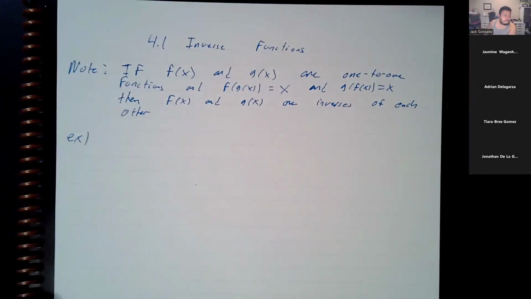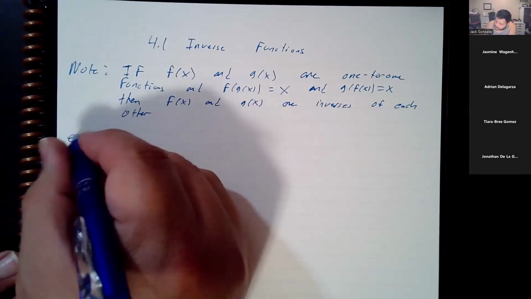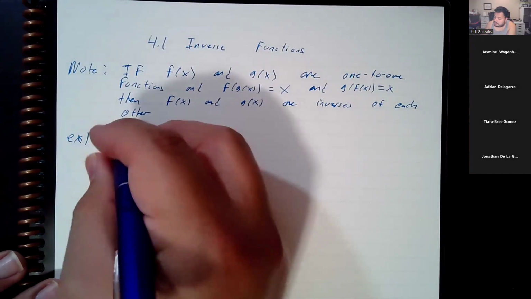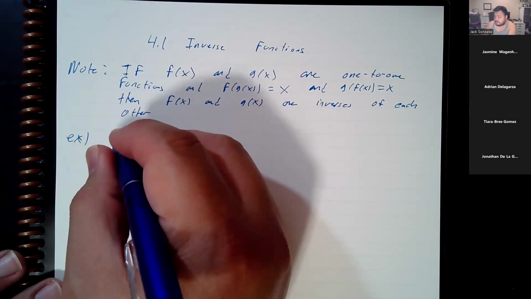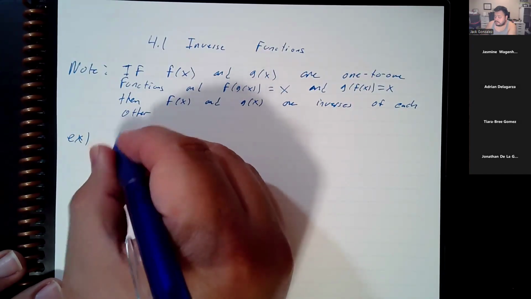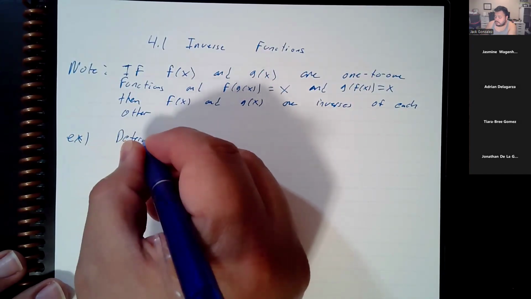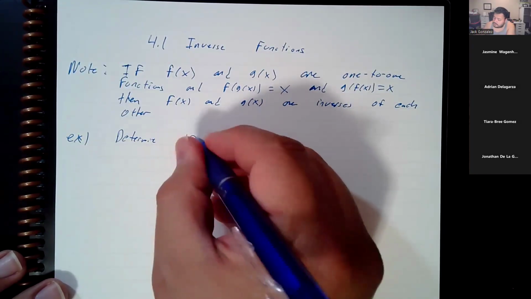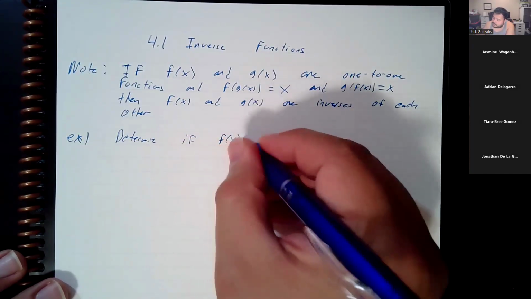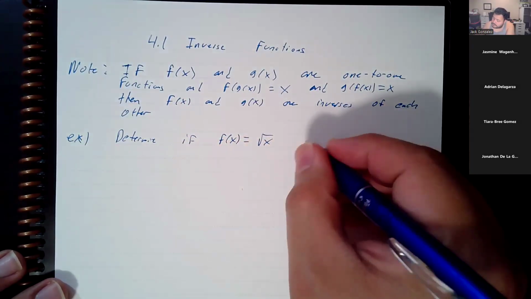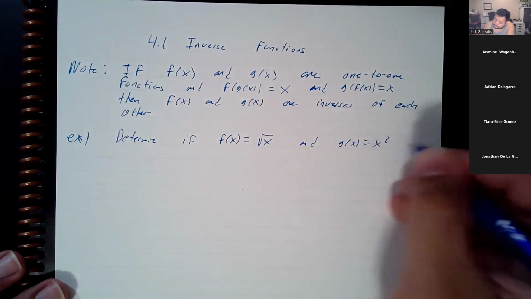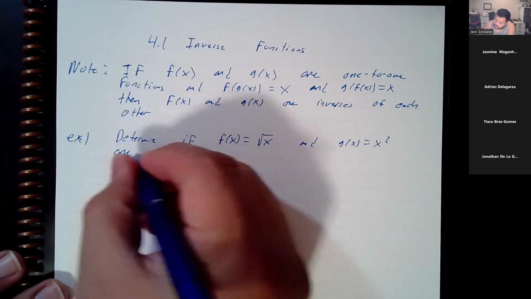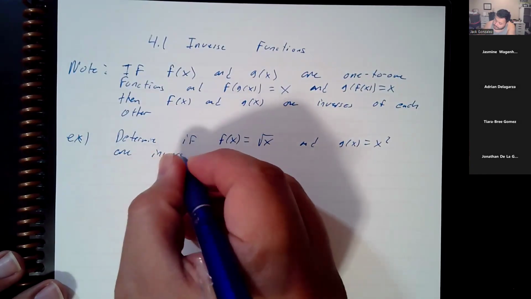So a quick example. Determine if f of x is equal to square root x and g of x is equal to x squared are inverses of each other.